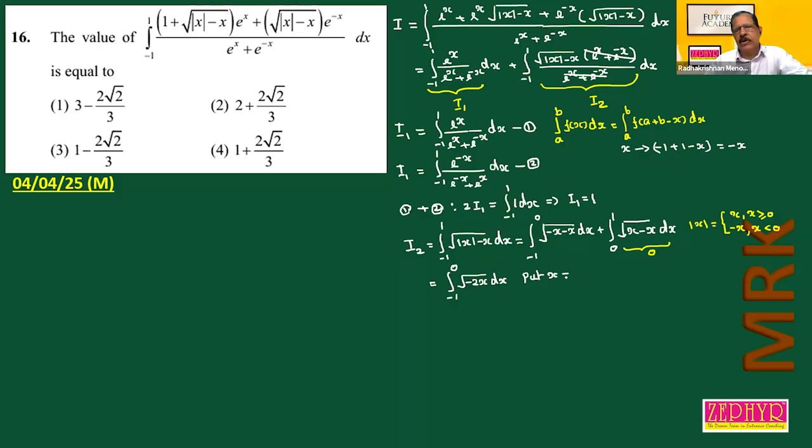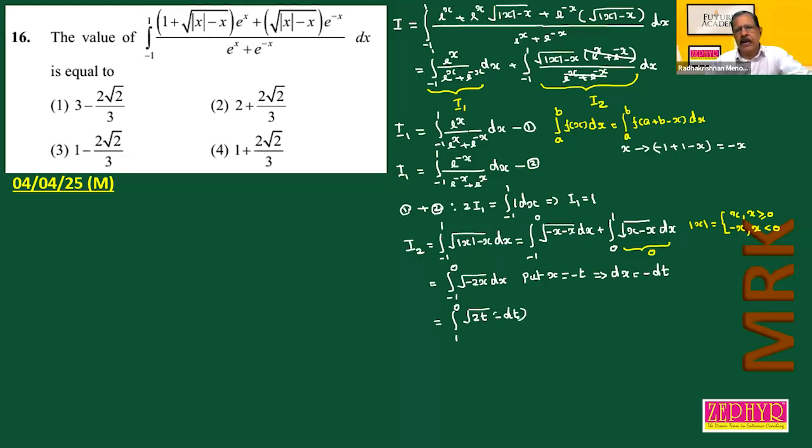Put x is equal to minus t, which implies dx equal to minus dt. So the lower limit when x is equal to minus 1, t is 1. When x is equal to 0, t equal to 0, root of 2t. Okay, dx is minus dt.